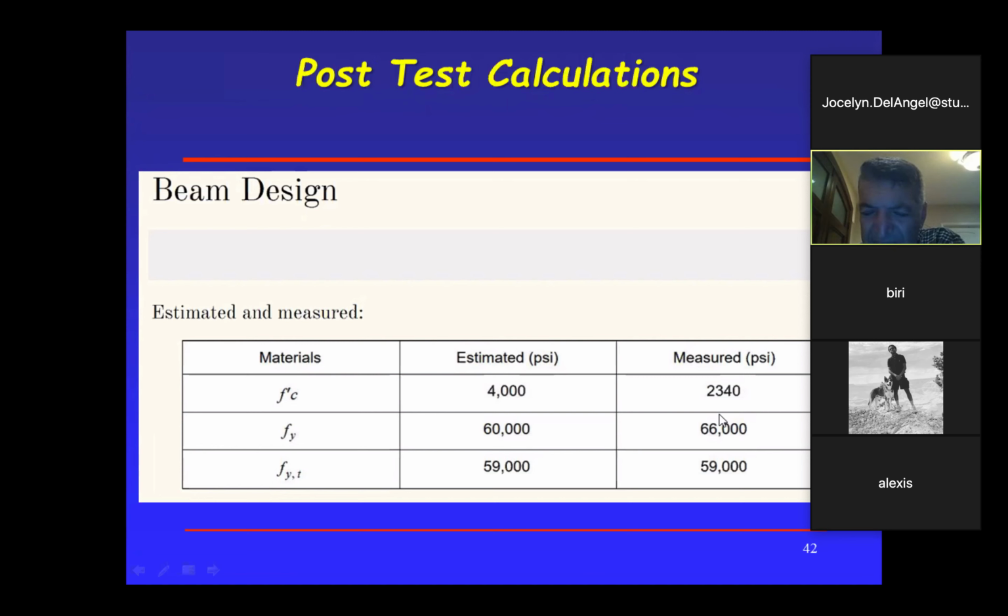FY is 66,000, I don't know why we say 66,000, because we did not measure the steel in the lab, unless the company, when we got our steel from them, told us the FY is 66,000, but it's not important. So either way, it's fine. And then this FYT is the yield stress for the stirrups. It's 59,000. So no big deal, just use the numbers.